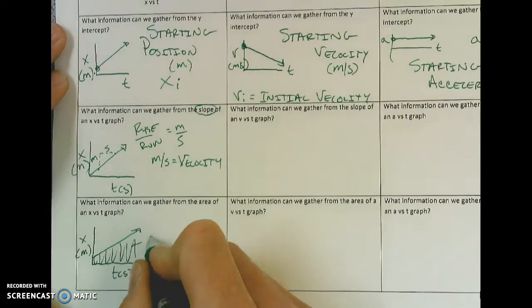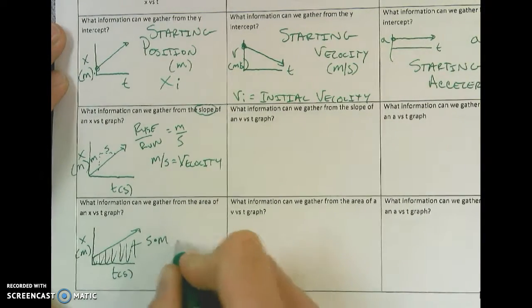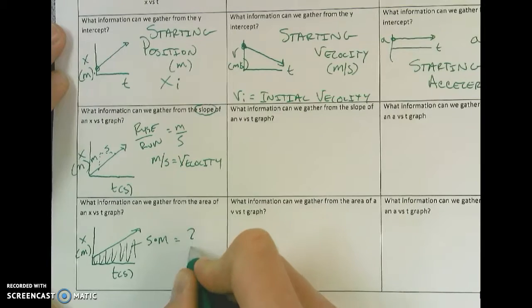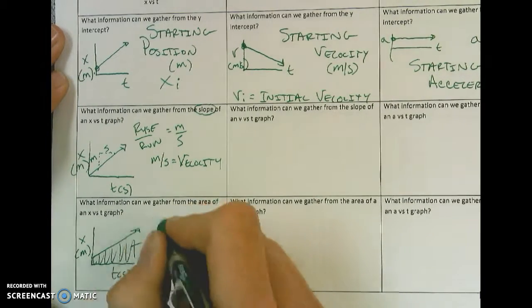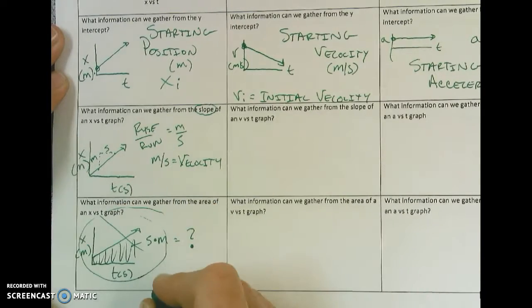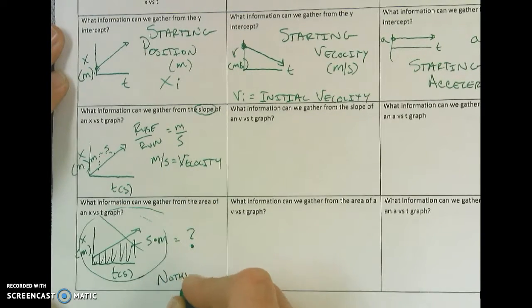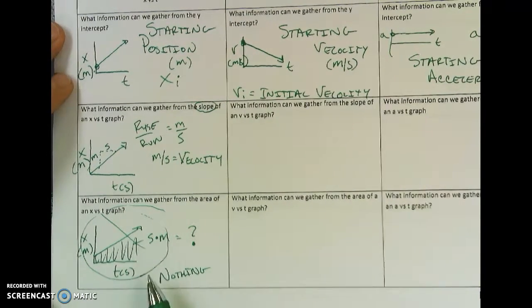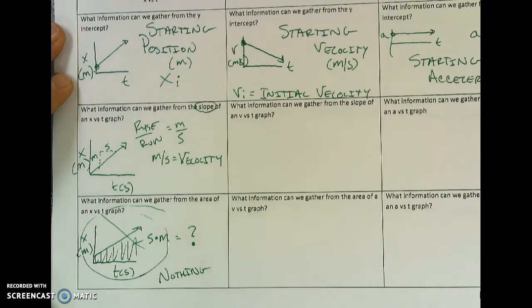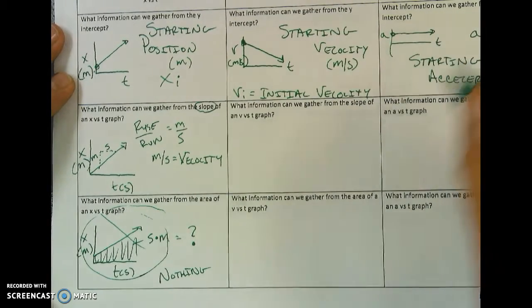So seconds times meters gives us, I don't know what that is. And that's the point, okay? This means nothing to us. There's no such thing as a meter second, second meter, whatever you want to call it. So if you take the area under this graph, it really tells us nothing. Now, on the other end of this, area under these do mean something, and we'll talk about that in a moment.